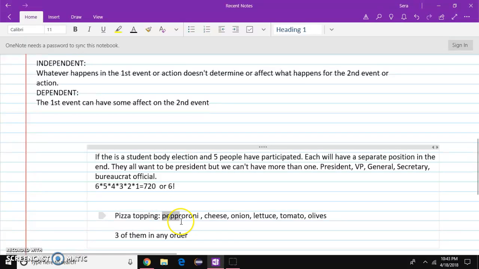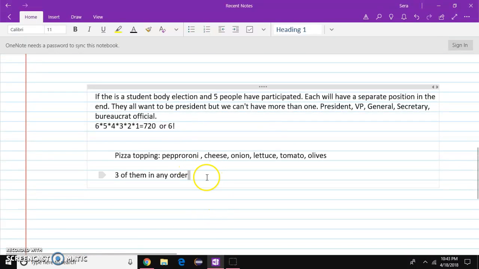So if you want pepperoni, cheese, and onion, sorry, that's what I meant to say, you can say cheese first, then pepperoni, then onion, or onion, then pepperoni, then cheese. It doesn't matter. It would still be 3 choices out of 6.